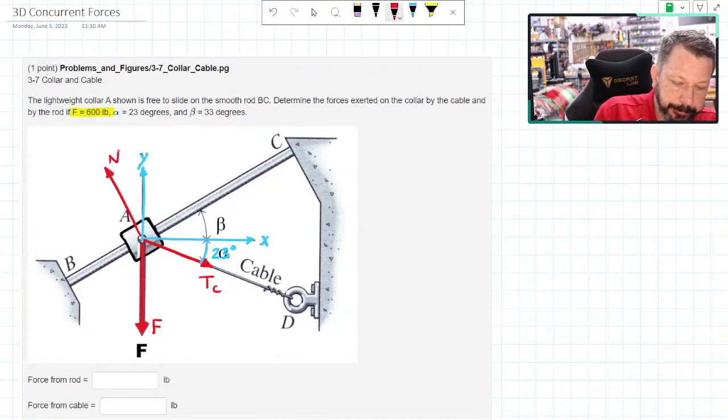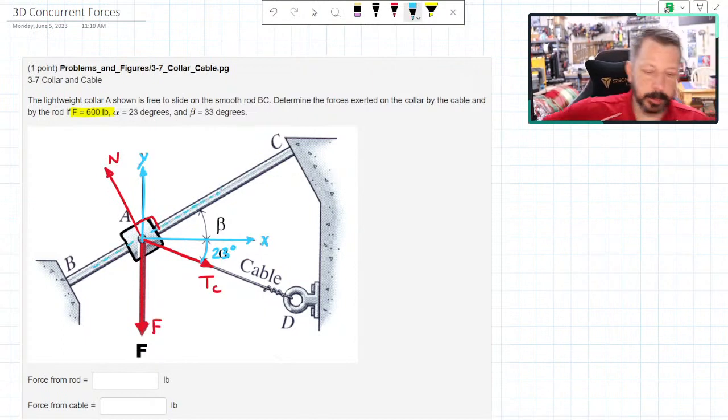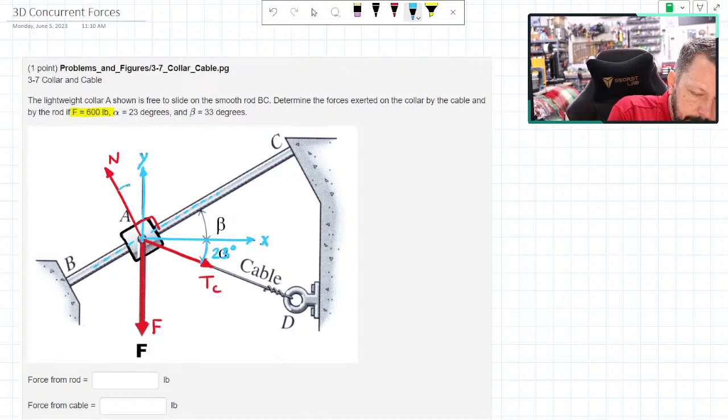We'll call it N, and it's perpendicular to rod BC. Now, if there was friction, the friction would be parallel to that little blue dotted line that I drew, but again, we're frictionless. The 33 degrees is going to go right here.